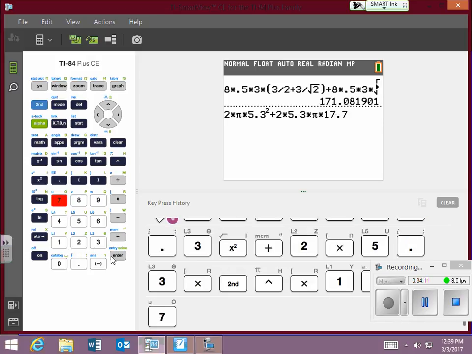So let's do that. And then that B part on 14 is going to be basically the same way to calculate it as the A. Okay.